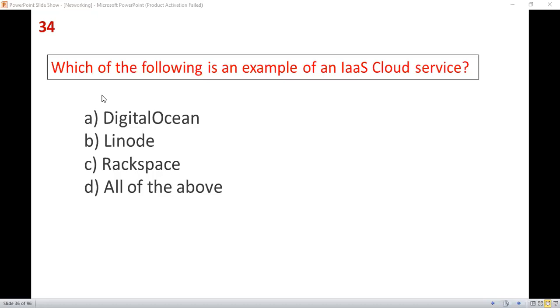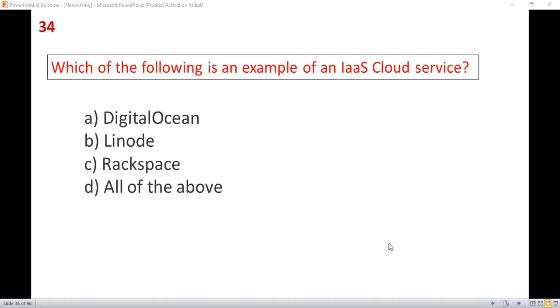Anyone can tell me what will be the answer for this question? Yes. If we are talking about IaaS, infrastructure as a service, we can use DigitalOcean, Linode, Rackspace, all. So we can say that the option for this question will be all of the above.